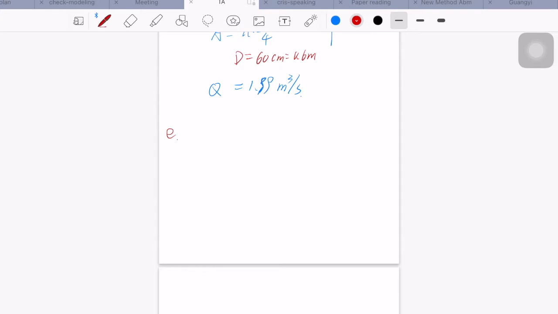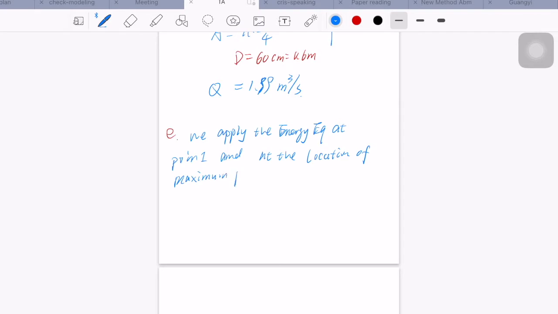First we need to calculate the maximum pressure, and we apply the energy equation at point 1 and at the location of the maximum pressure.